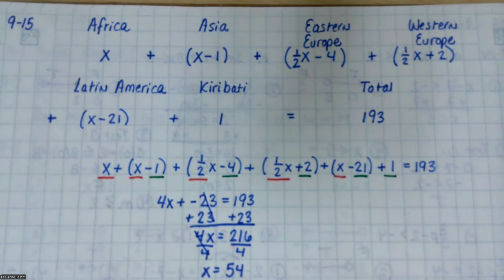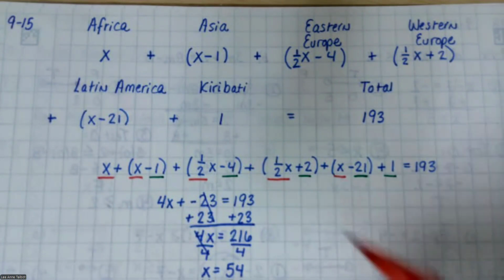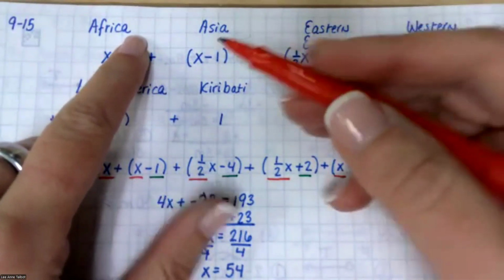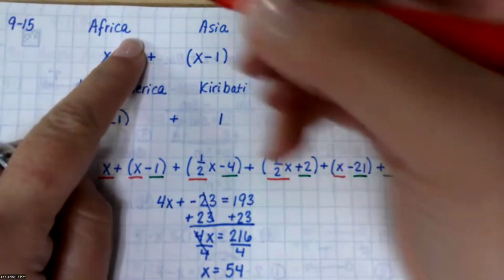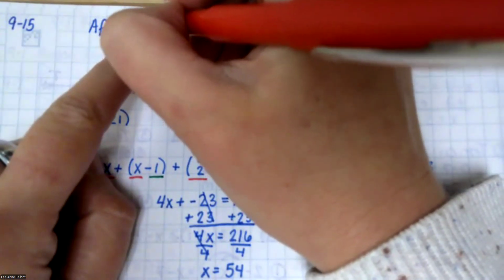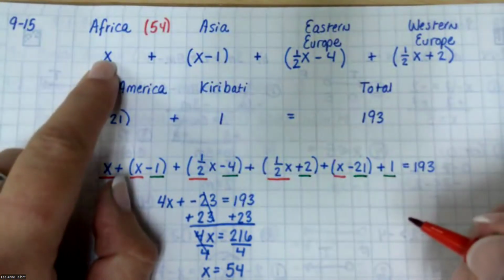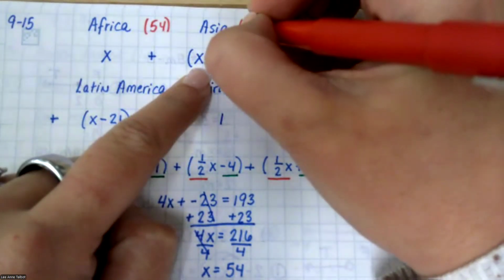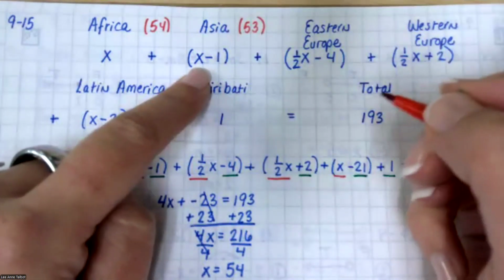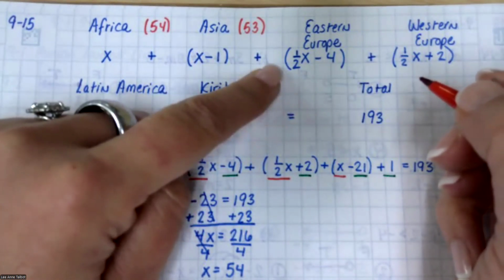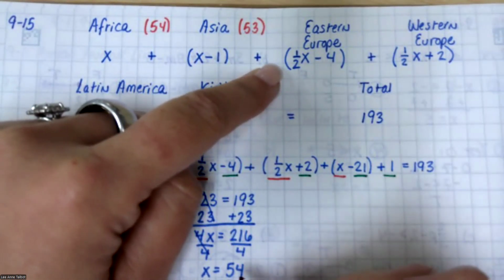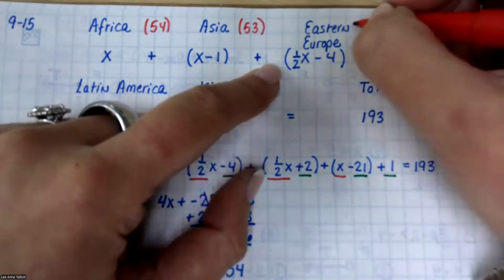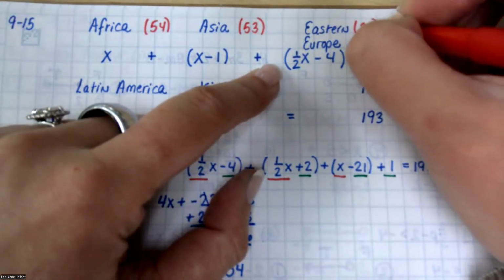Okay, last thing I'm going to do on this problem is figure out how many each has, and put it in parentheses next to the name up here. So Africa has 54 because that's X. Asia has 53. Eastern Europe, half of 54 is 27, 27 minus 4 is 23.